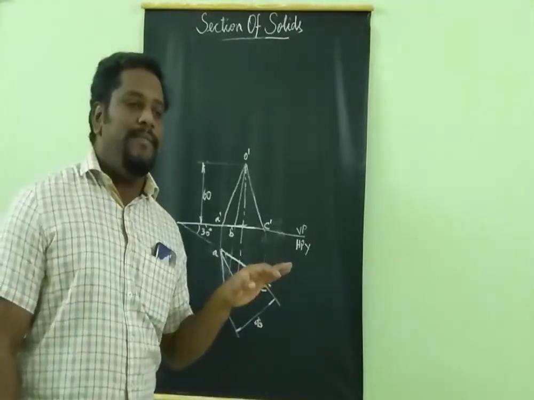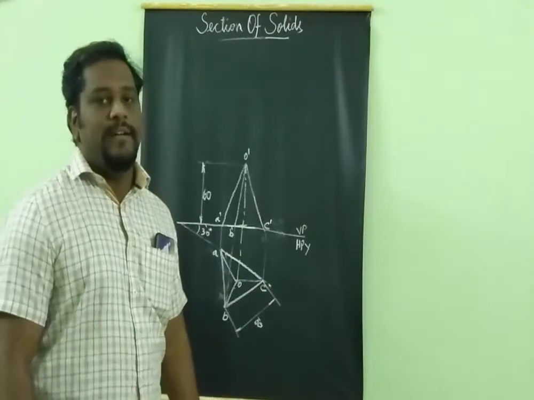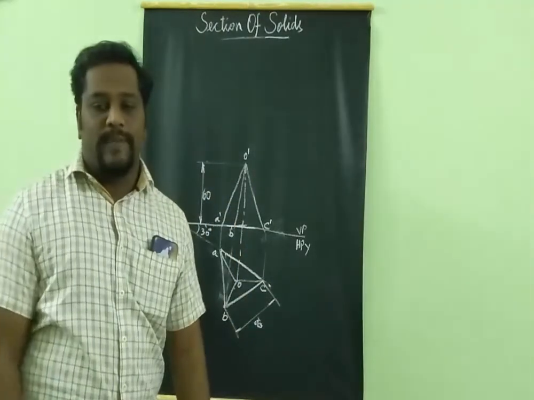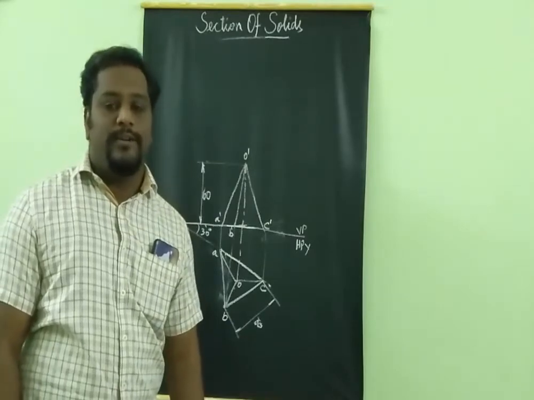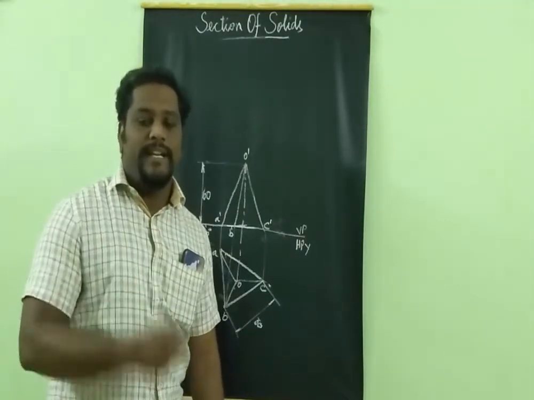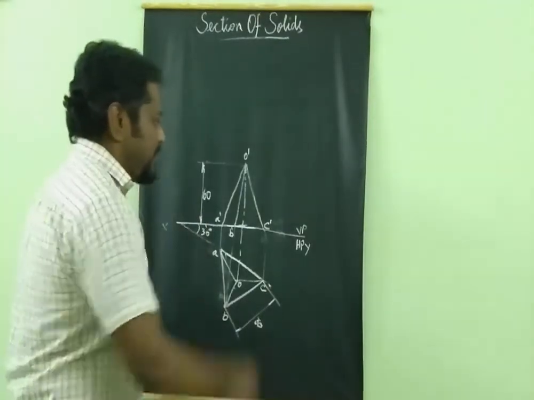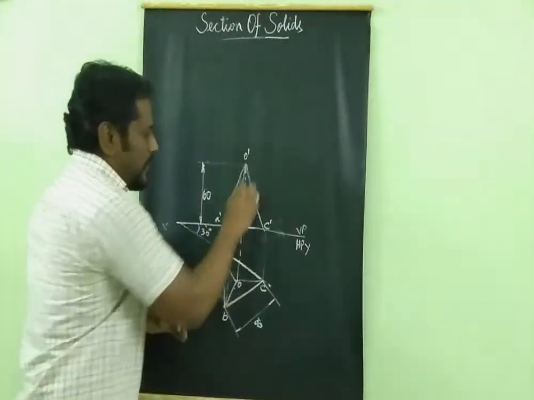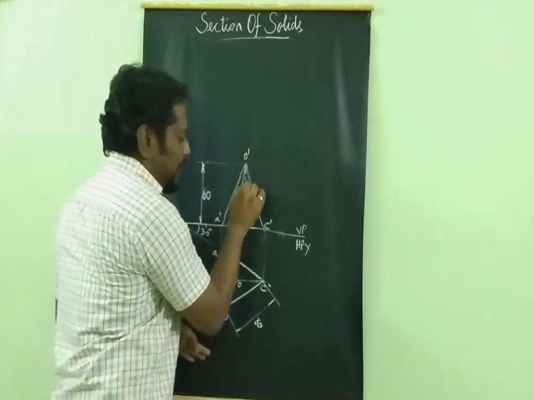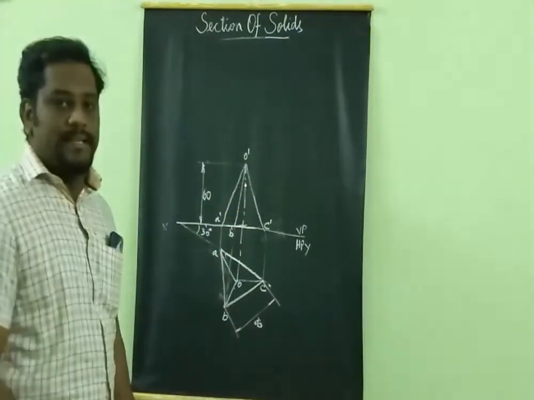The cutting plane will be viewed as a line in the front view. So the cutting plane comes above the XY line. It is 45 degree to the HP and it meets the axis 15 mm from the apex point. This is your apex point. From this point you measure 15 mm and mark a point on the axis, right?